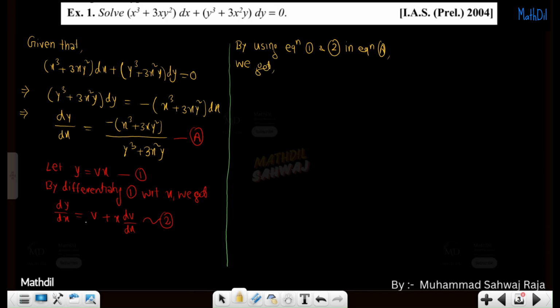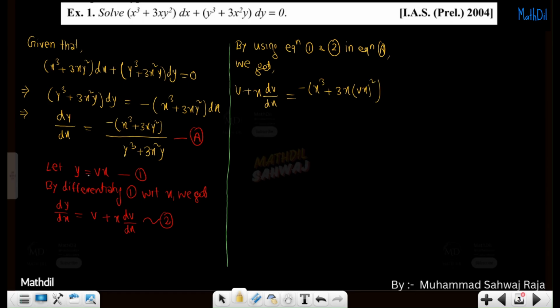So put it, what it is, dy by dx equal to this term, and here is dy by dx, so replace it. So it will be v plus x dv upon dx, and it will be equal to, see here is minus x cube, minus of x cube, plus here is 3x, and what is it? y square. And what is y? From equation 1, y is vx, so put y means vx, y square, right?